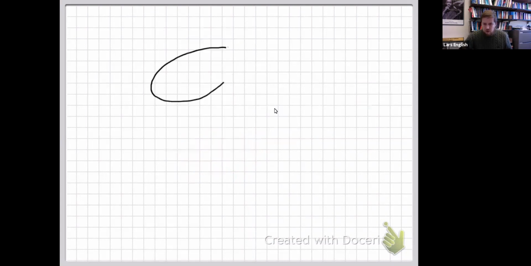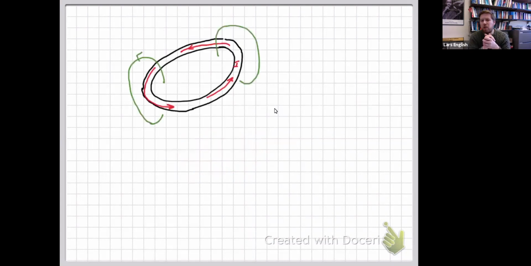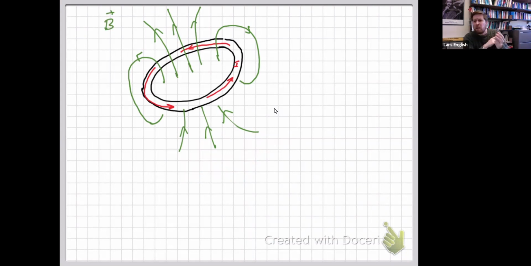Okay, so we all understand that, but what I can now do is I can bend that wire into a circle and imagine what the magnetic field would look like if I started a current in that circular piece of wire now. Okay, so you can probably figure this out.